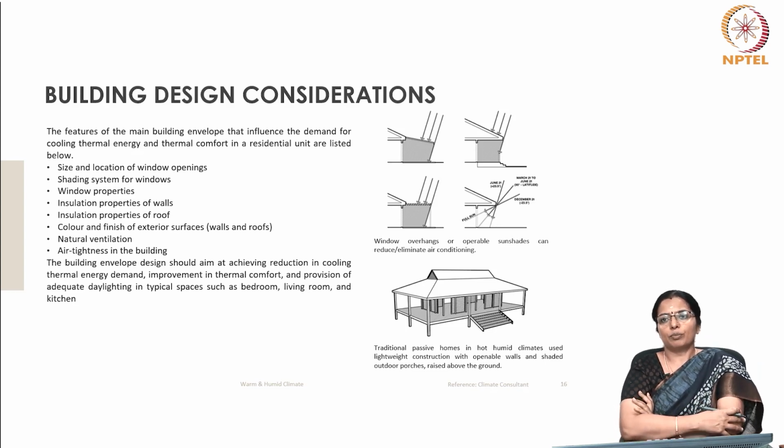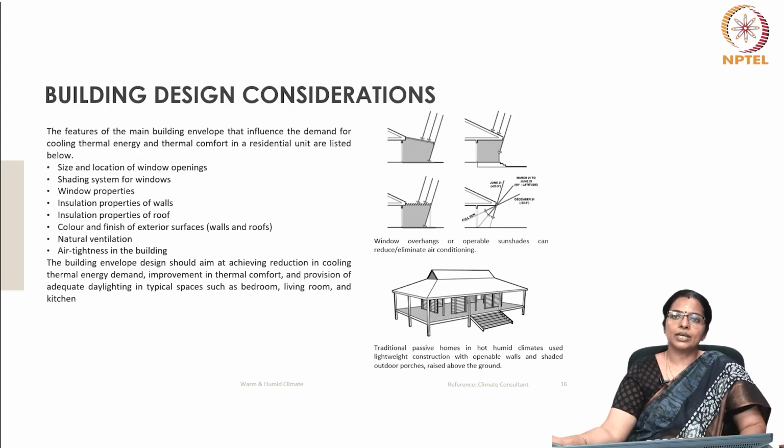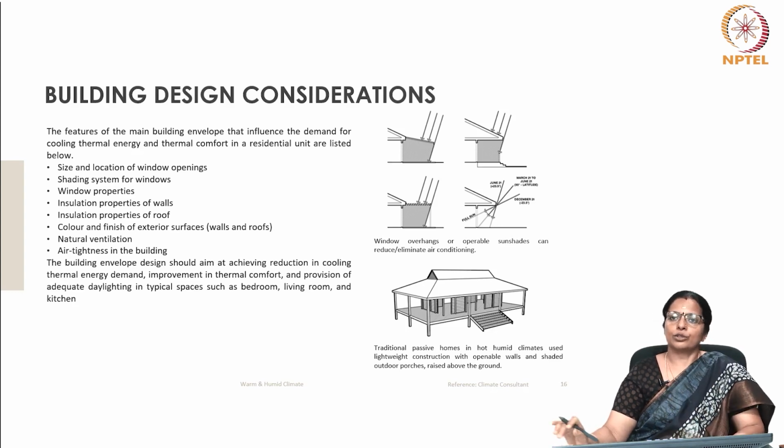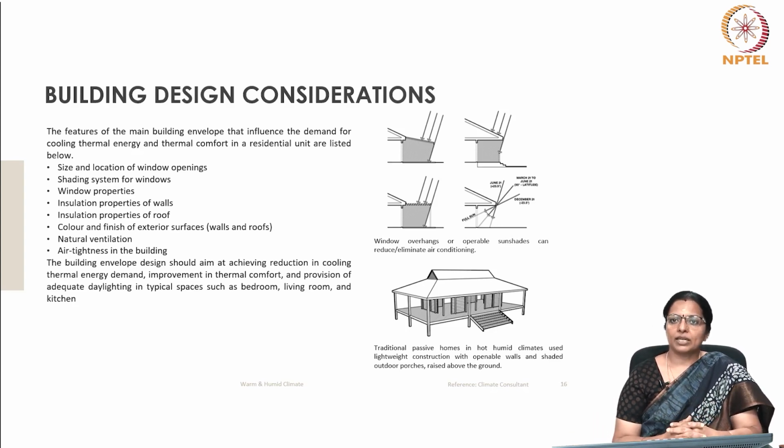The features of the main building envelope that influence the demand for cooling thermal energy and thermal comfort in a residential unit are: the size and location of window opening should be important. Shading systems for windows should be adequate. Window glazing should have correct properties. There must be insulating properties of walls and roofs.